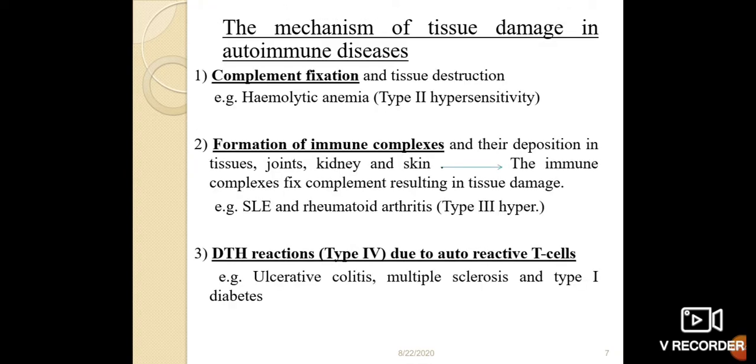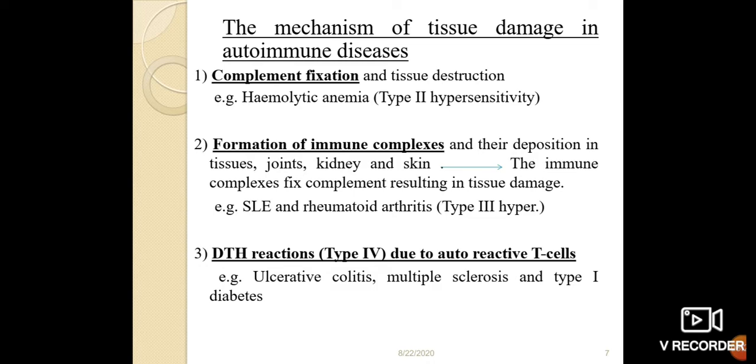The mechanism of tissue damage in autoimmune disease is either through complement fixation, like hemolytic anemia in type 2 hypersensitivity, or formation of immune complexes, resulting in deposition of these immune complexes in the joint, kidney, skin, or on the basal membrane of the small blood vessels, with fixation and activation of the complements, which end with destruction of the surrounding tissue.